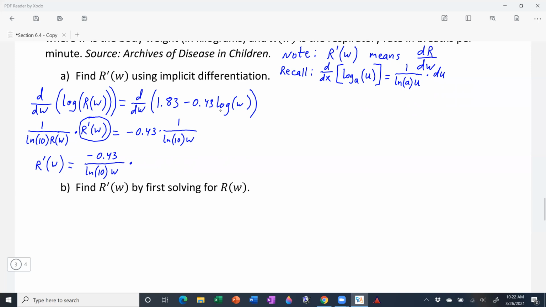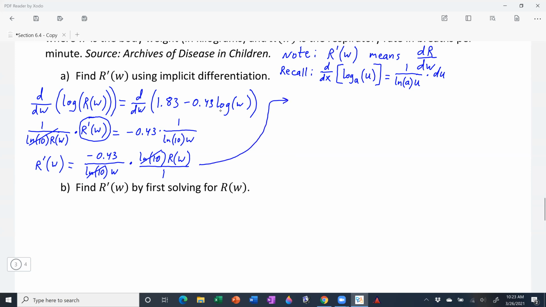So instead of having a 1 over, it's going to be times natural log of 10 times r of w. Okay, so multiplying on both sides of the equation, and it would cancel. Okay, and then let's see, can we do any simplifying? It looks like since this is like over 1, when we multiply both sides by that reciprocal, we can get that natural log of 10 to cancel. And then I'll write the final answer right here.